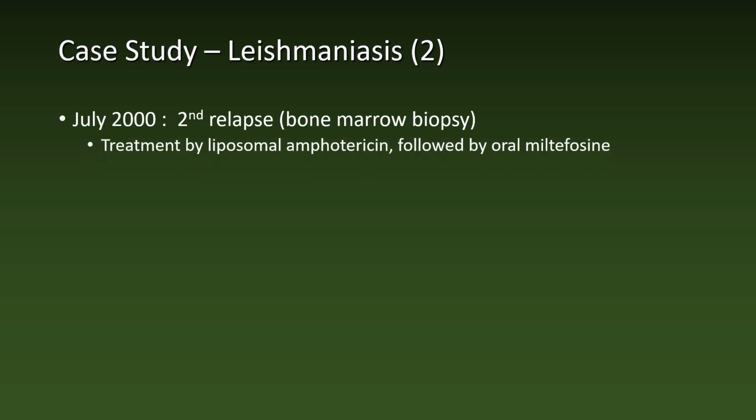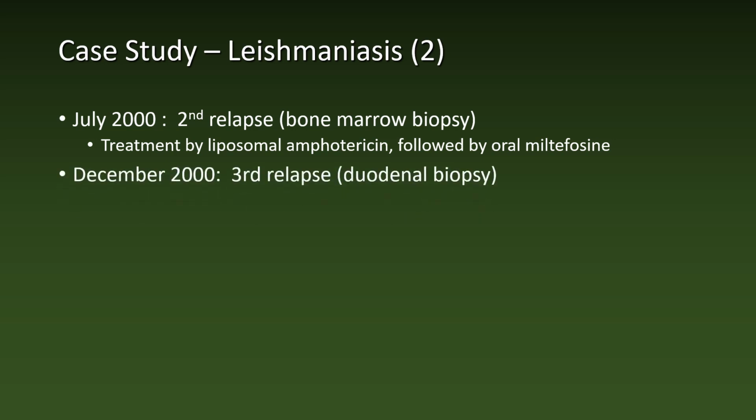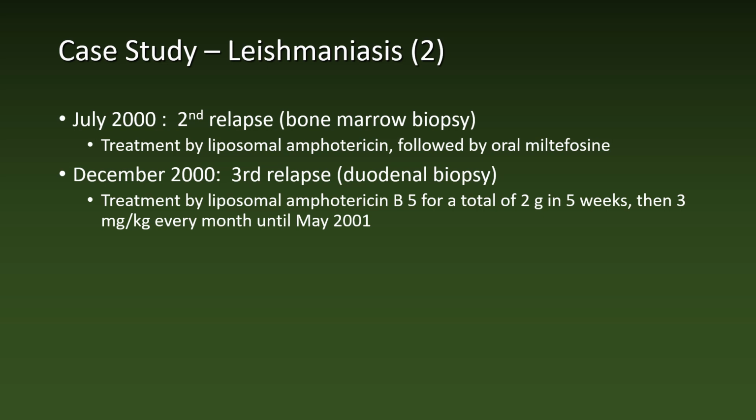He was treated with liposomal amphotericin followed by oral miltefosine. But in December 2000, same story, and this time after treatment with high doses of liposomal amphotericin B for a total of 2 grams in 5 weeks, maintenance treatment with amphotericin was tried.